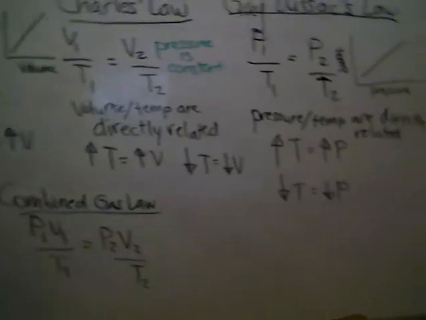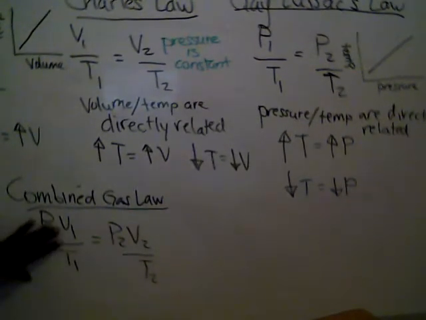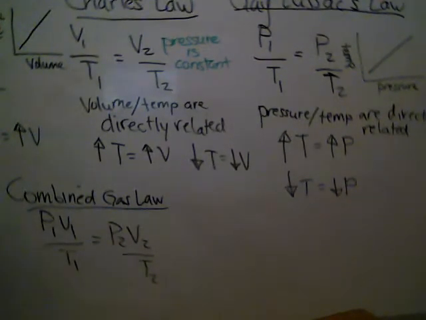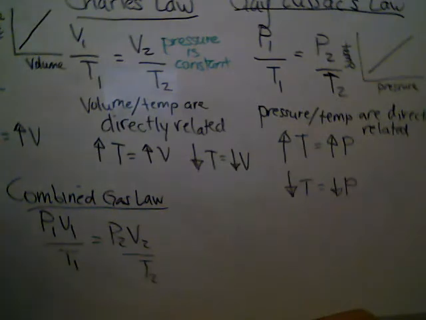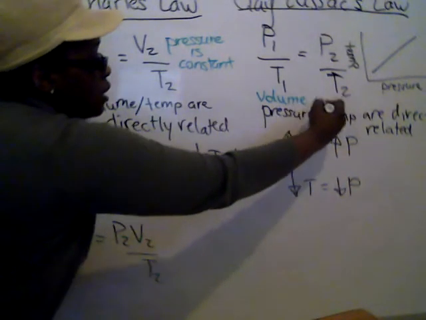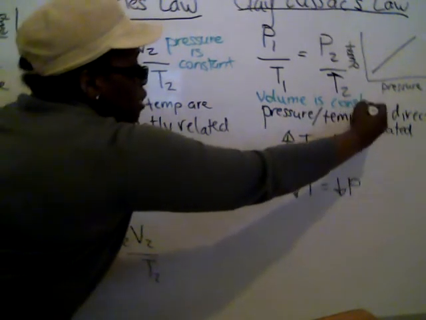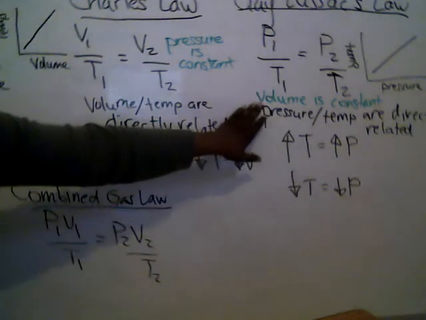Okay, and then as the last example, just to also show that if you memorize the combined gas law, you already have all the other three laws in there. Gay-Lussac's only deals with pressures and temperatures. There are no V's in his equation, so we assume that the volume is constant.